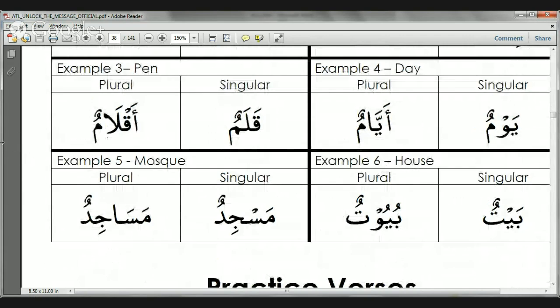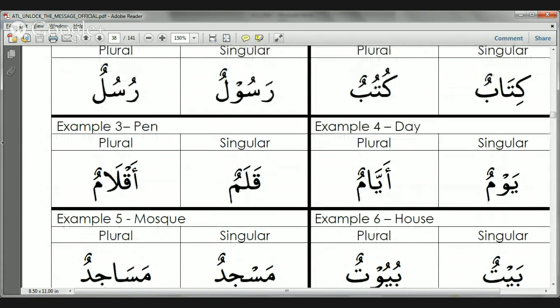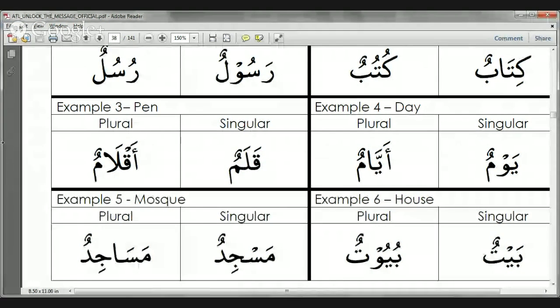Masjidun, masajidun. Now, generally, I'm not going to give you words we haven't gone over. That's the first thing. So, kitabun, the plural is kutubun. Yawmun, the plural is ayyamun. And then the singular baytun, the broken plural is buyutun.